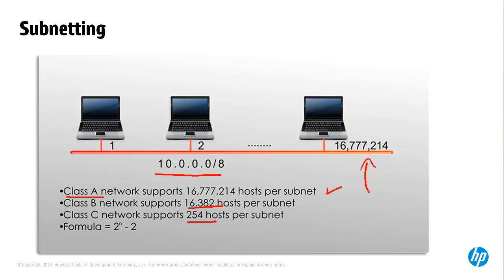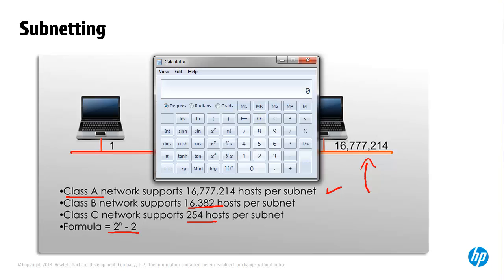The formula to remember to work out the number of hosts supported on a subnet is 2 to the power of n minus 2, where n is the number of binary bits in the host portion. So as an example, if we take a Class A network, which is 32 bits in size, but 24 bits are host and 8 bits are network.